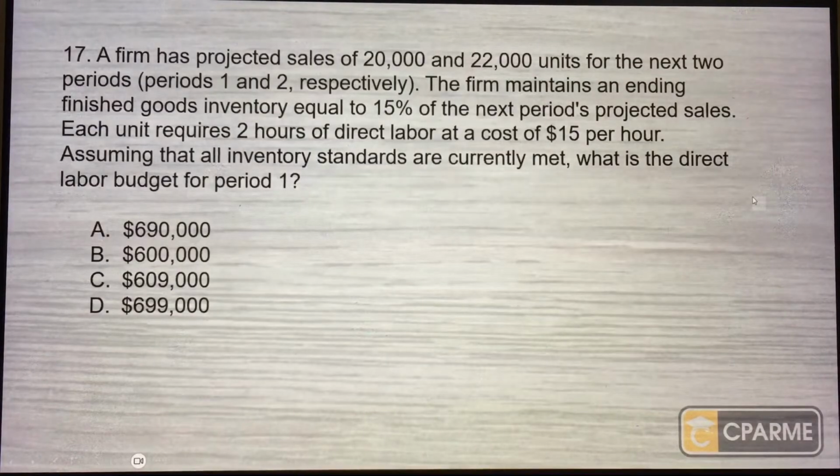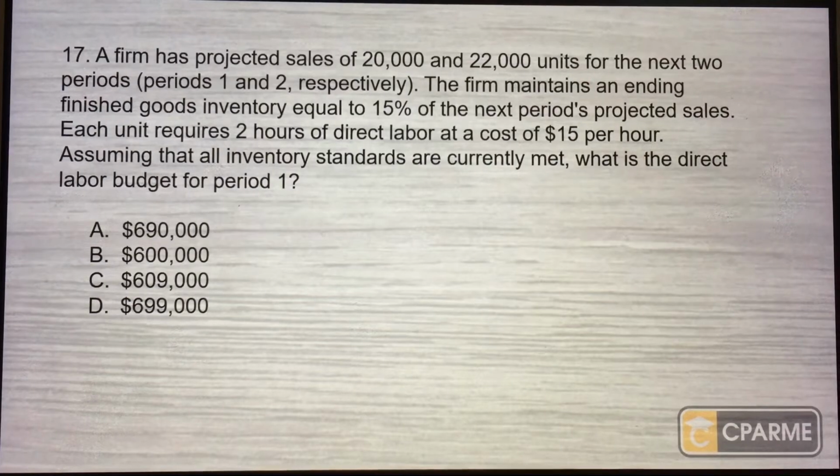Okay, let's go with number 17. Assuming that all inventory standards are currently met, what is the direct labor budget for period 1? To answer this problem, we should know how to calculate the direct labor budget.